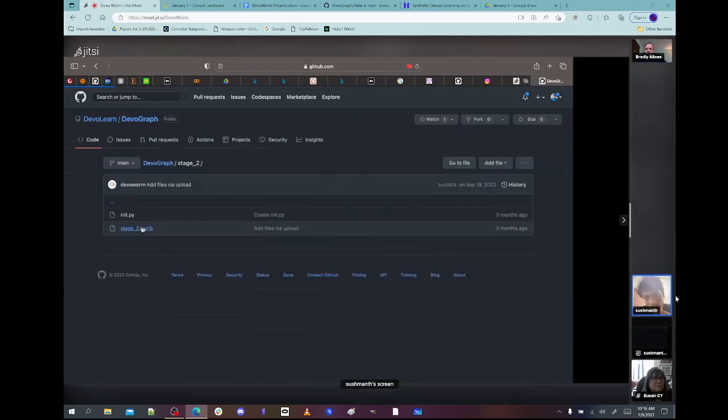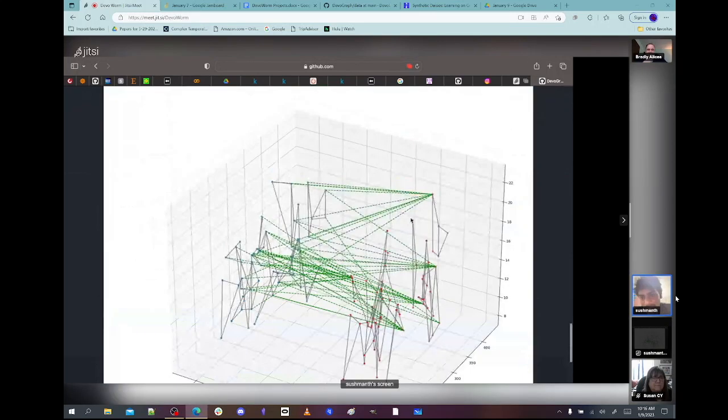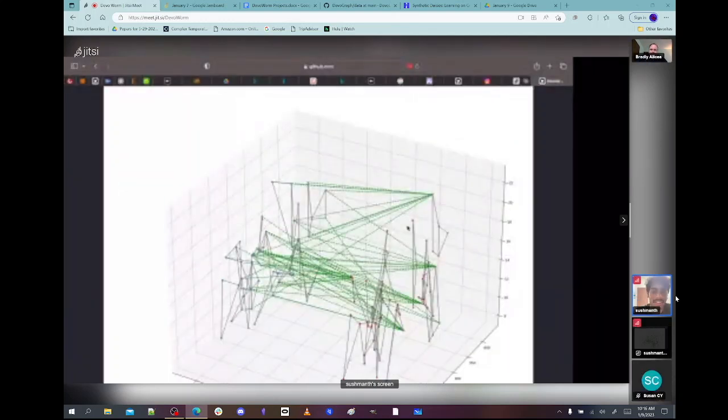Okay, so this is stage 2. I mean, can you see these cells are not connected? They work like that.